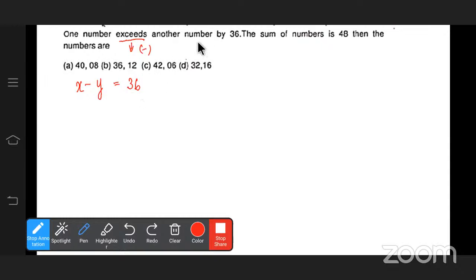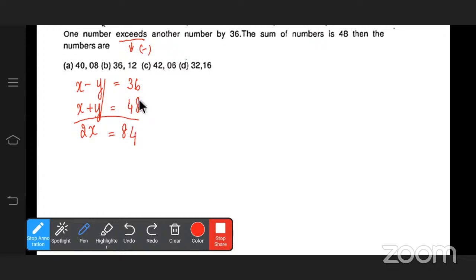The next line, the sum of the numbers, means x plus y equal to 48. When the same number has different signs, it should get cancelled, right? Yes, ma'am. Here y is the same with different signs, so it gets cancelled. So what is the remaining thing? x plus x, 2x is equal to, you just add up both numbers. What did you get?